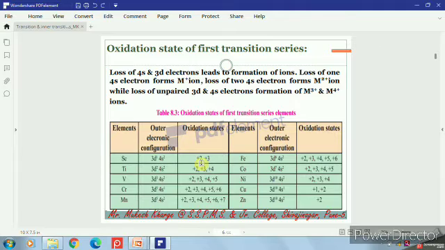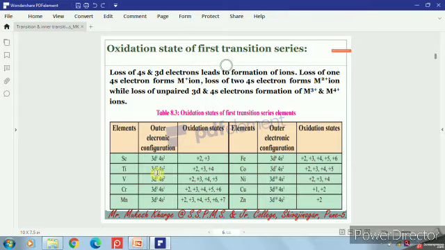Similarly, the remaining elements also donate 2 electrons from the 4s orbital and 1 electron from the 3d orbital. So they form 2+ and 3+ cations. If you observe titanium, 3d contains one more electron because the electronic configuration is argon 4s2 3d2.